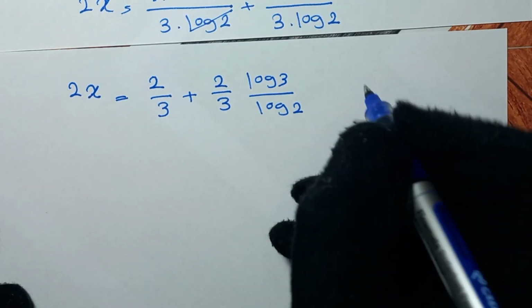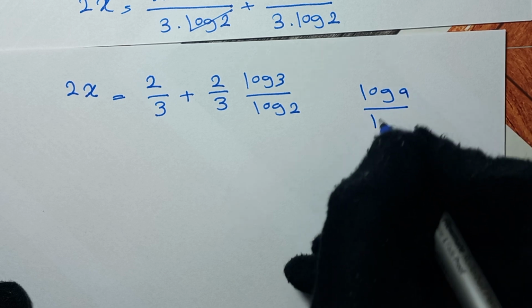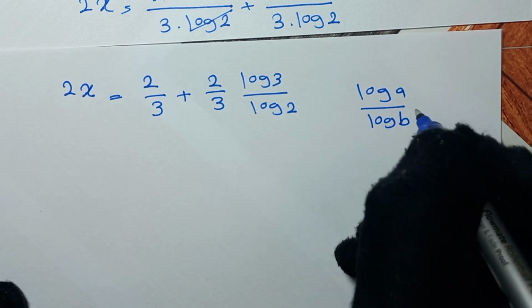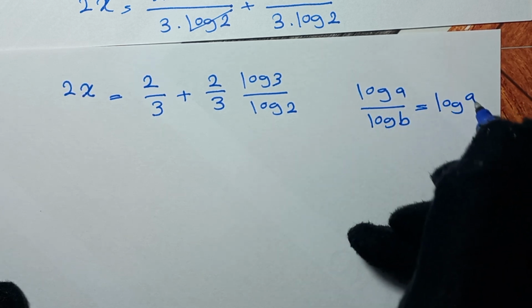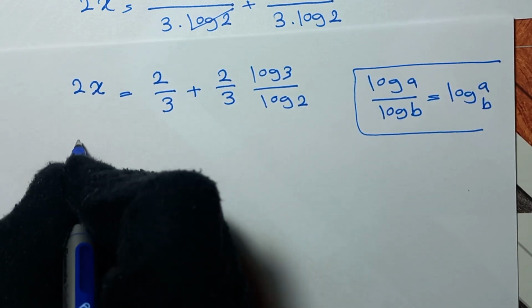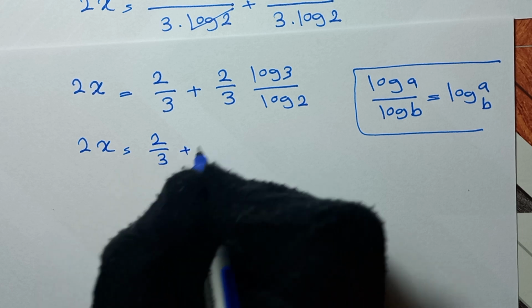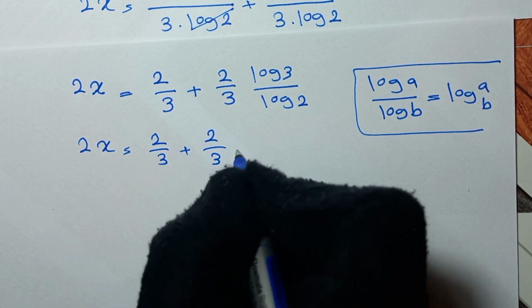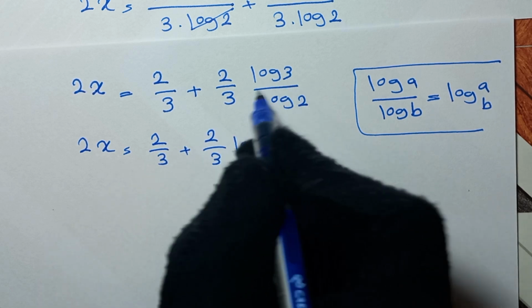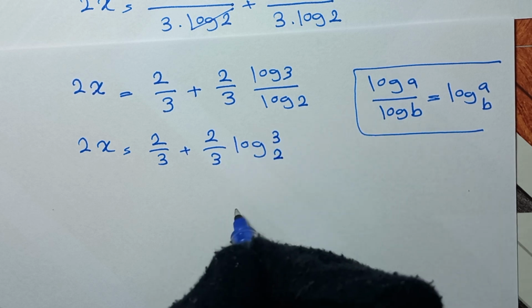And from log rules, if we have log a over log b, we can write this as log a to base b. So it will be 2x is equal to 2 over 3 plus 2 over 3 times log 3 over log 2, so we can write this as log 3 to base 2.